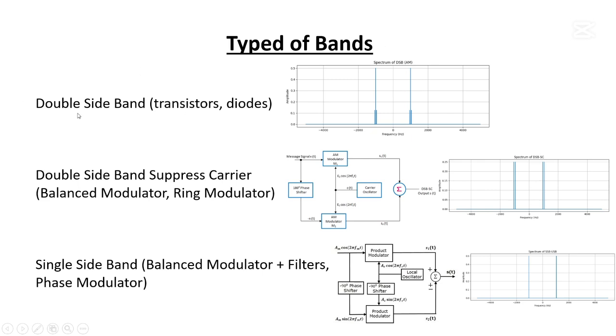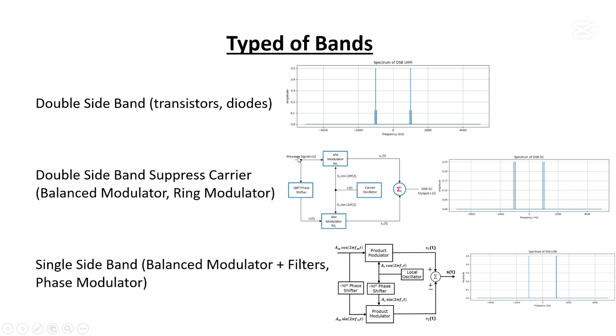You can imagine that this block is nothing but a double sideband producer, and you have another double sideband producer here also. Here we have our message input, and here we have our carrier input.